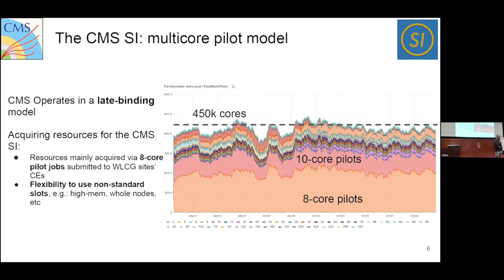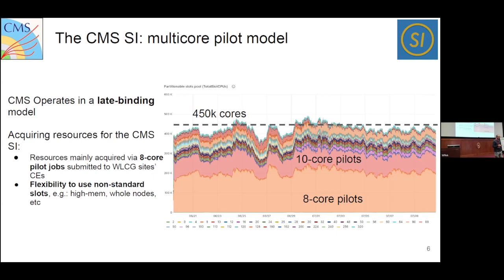And then we have whole node pilots. These are mostly whole nodes, which we can use transparently thanks to the flexibility of the late binding model that Condor provides. We can just spawn those requests and then schedule the jobs later. So having a big node, like whole node pilots, compared to an 8-core pilot, which is the standard size of our resources, doesn't make any difference for CMS.